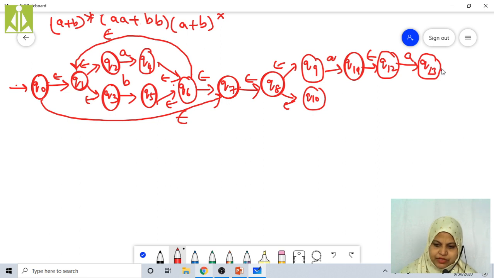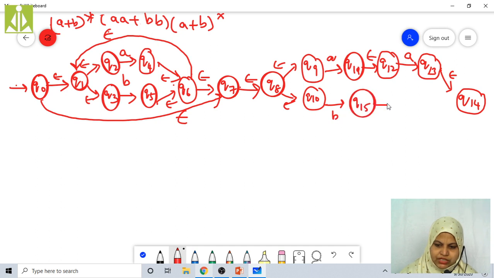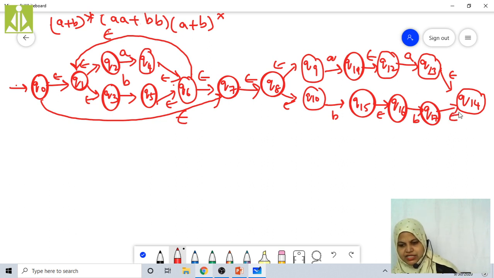Next is epsilon q14, right? This is b, q15 epsilon, q16 b, q17 epsilon. This is a plus b. Now it is going to forward to this one.